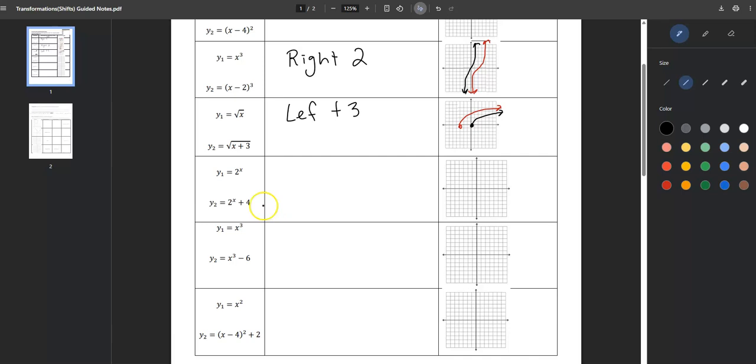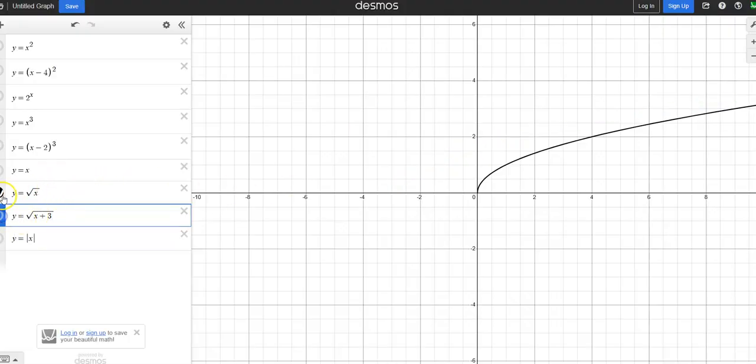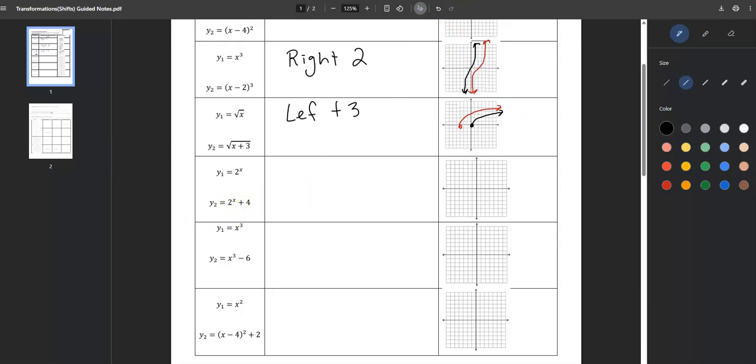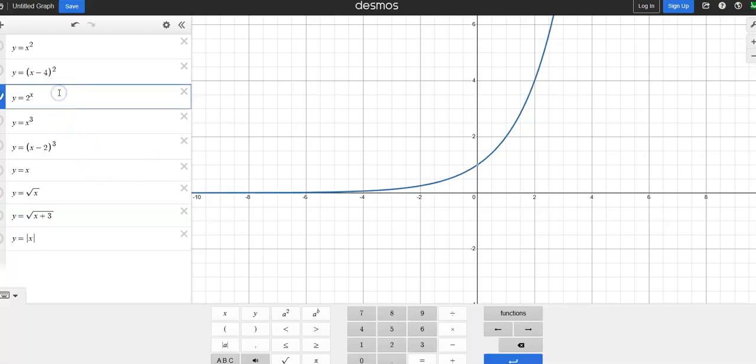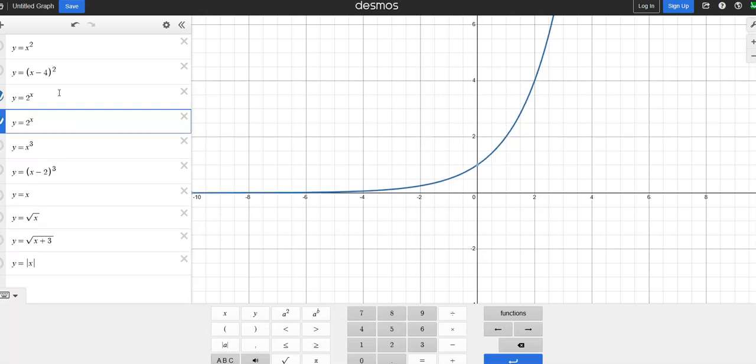Keep on moving here. We're going to look at 2 to the x, and I have 2 to the x plus 4 with the other one. Remember, 2 to the x looks like this blue line. It goes through this point. And we are going to go 2 to the x plus 4 for this one. If you notice, that's this line up here.